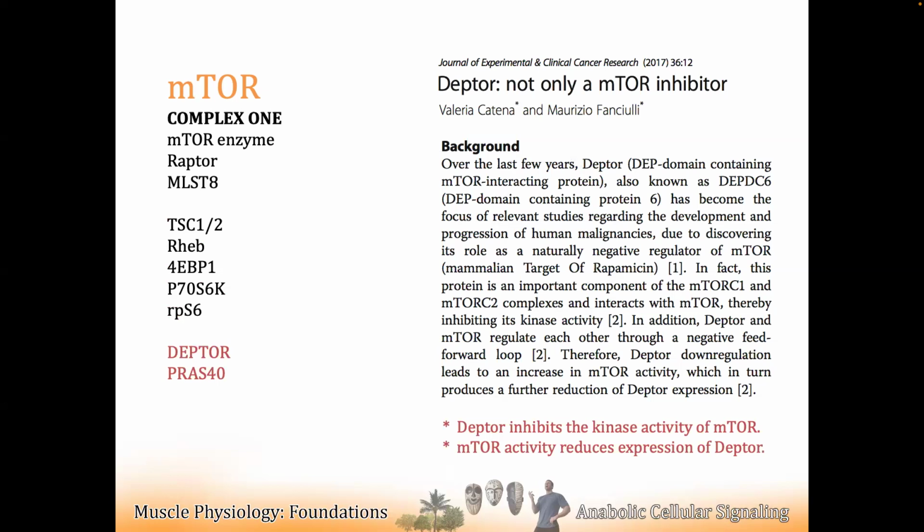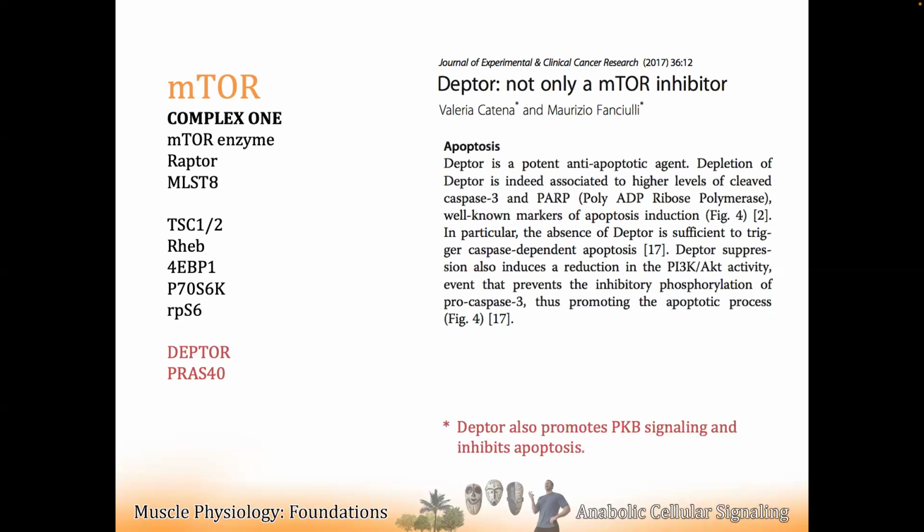So if you ramp up mTOR's activity, you can reduce the expression of Deptor. But Deptor, in turn, is inhibiting the kinase activity of mTOR, so that mTOR doesn't phosphorylate its downstream targets very well. But mTOR and Deptor, they're forever playing the role of sibling rivalries, but they each have their own lives.